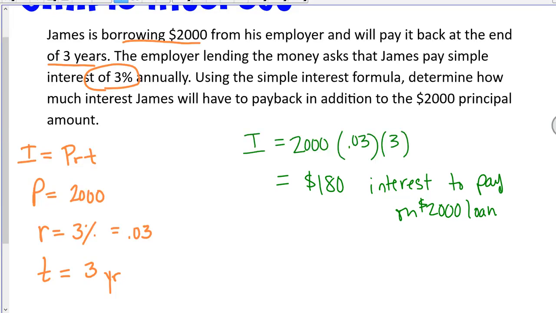That's the amount of interest he would have to pay. And if we add that together, he would end up paying $2,180, the total amount paid on the loan. So the amount you pay back is the interest plus your principal.